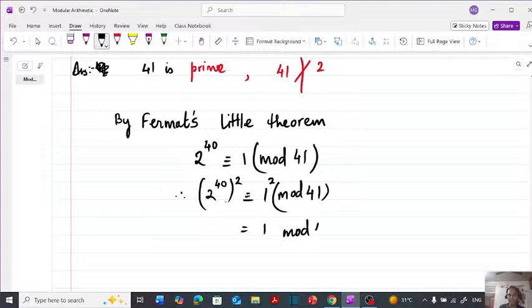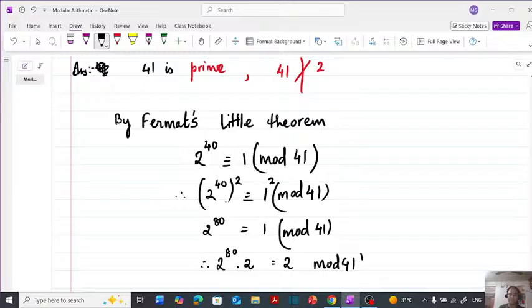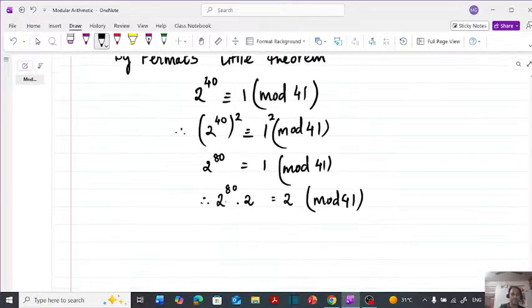Not a big deal. So 2 raised to 80 is this. So for 2 raised to 81, I have 80 here and 2 being multiplied on both sides.